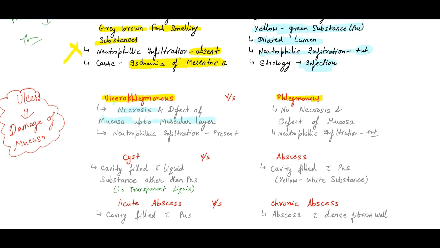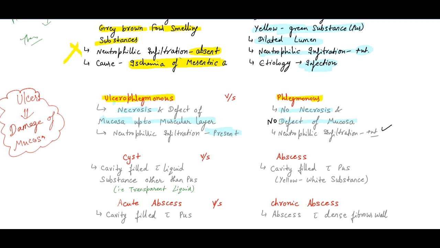Neutrophilic infiltration will be present because it is phlegmonous. In phlegmonous there is no necrosis and no defect of the mucosa seen. If the question does not give anything about mucosal defect or necrosis, then directly go for phlegmonous, because only neutrophilic infiltration will be present.